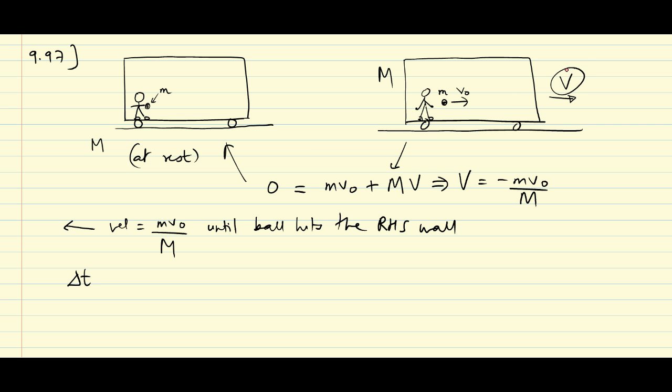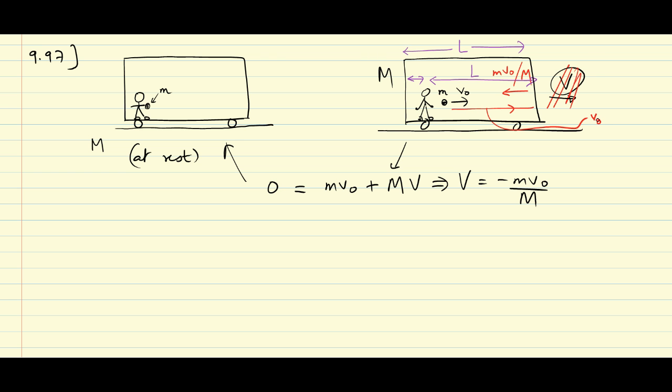From the reference frame of the ground, the car is coming towards the left with a velocity m v0 upon capital M. Now if I go to the reference frame of the car, the ball is approaching the right hand side wall with a speed of, I have to subtract the velocities, but they are oppositely directed, so effectively I add them: v0 plus m v0 upon M, and that is the relative velocity of the ball in the reference frame of the car.